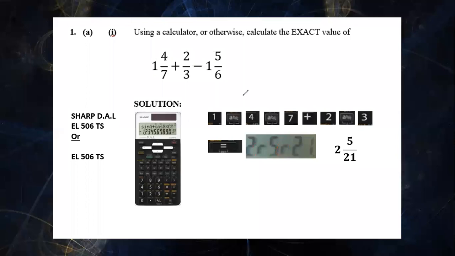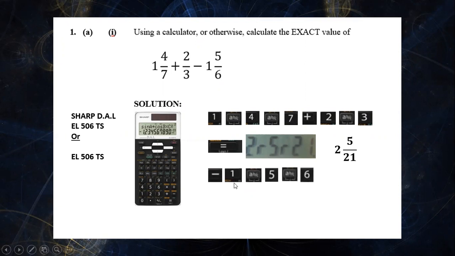Moving on, next we have the minus sign, then 1 ABC 5 ABC 6. If you enter it exactly as it is here and press the equal sign, you will get 17 over 24. Again, this is not R. Neither does it mean remainder.